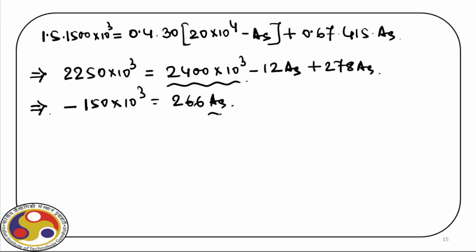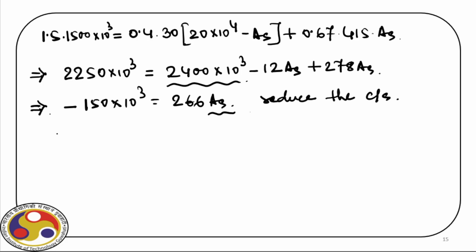Obviously, we get AS as negative. That means we need to reduce the cross section.